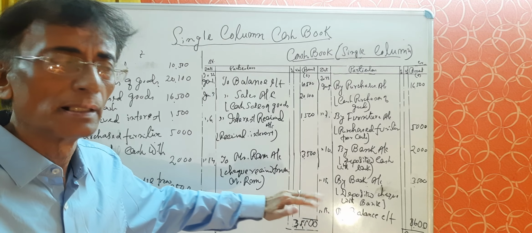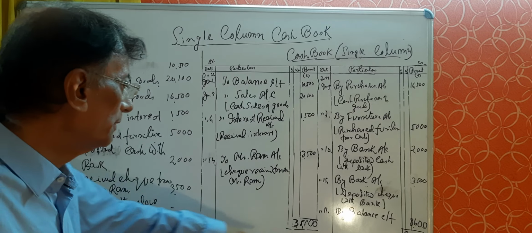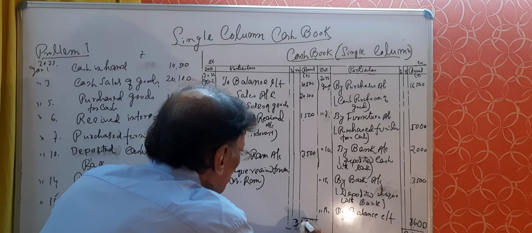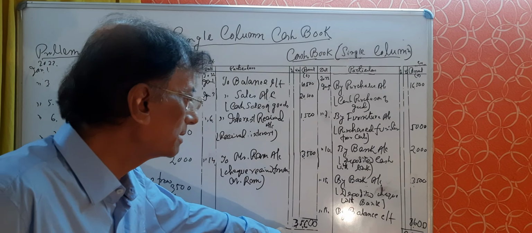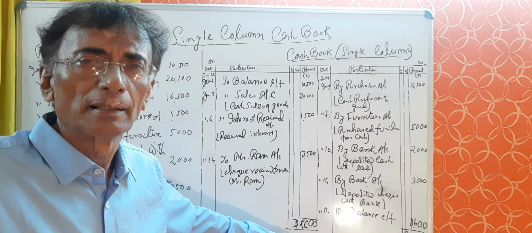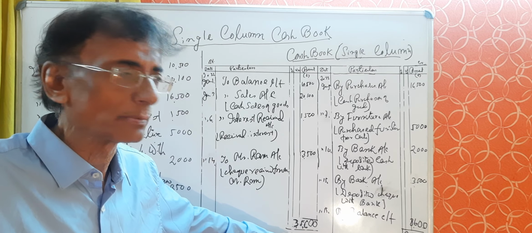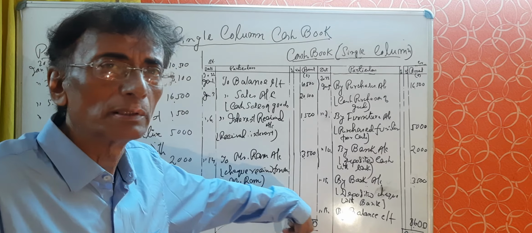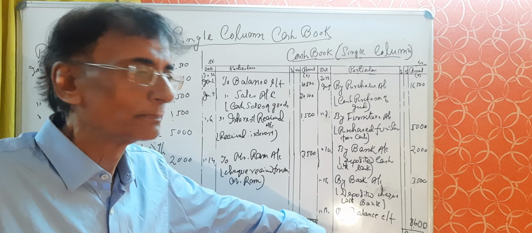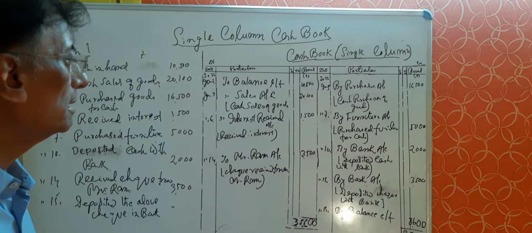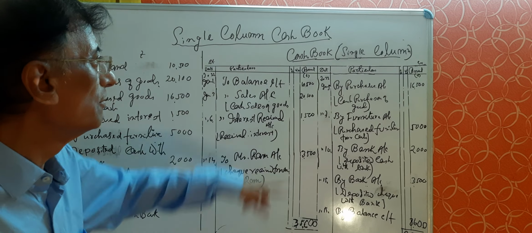Okay? It's very simple. Total the debit side of the cash book, because a single column cash book will always represent debit balance, and post it in the credit side to bring out the difference between two sides of the account. The difference is 8,600. Okay, this is single column cash book format.